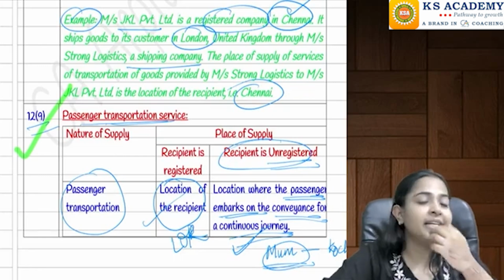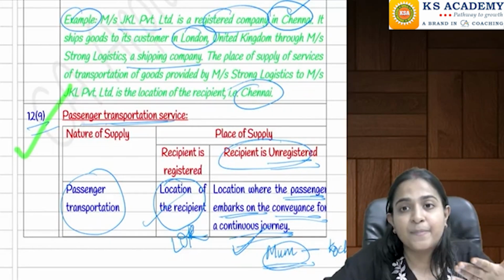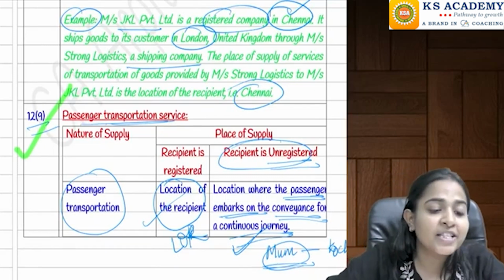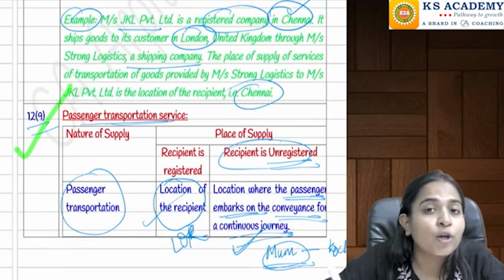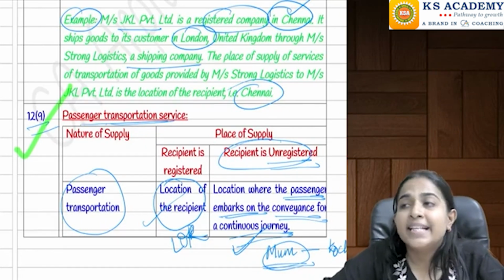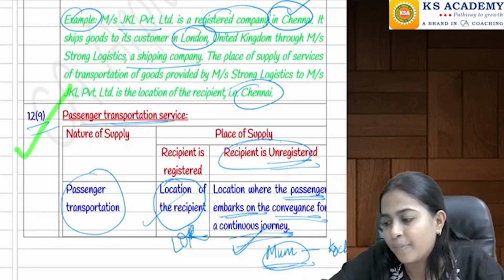Suppose in case of passenger transport, a right has been given to use that particular transportation service where the service provider does not know the boarding point, the embarking point. In such a case, if the service has been given to a registered person, no problem, the location of the recipient will be the place of supply.